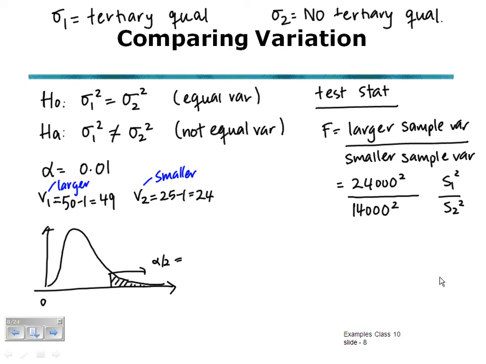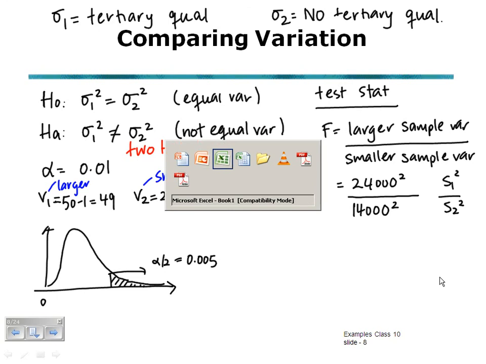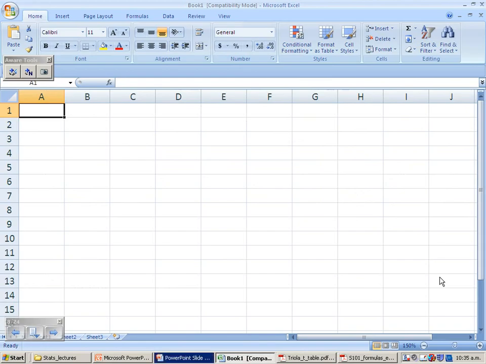That would be 0.005 at the top right-hand end, and we now need to find the correct critical value, which requires numerator and denominator degrees of freedom.